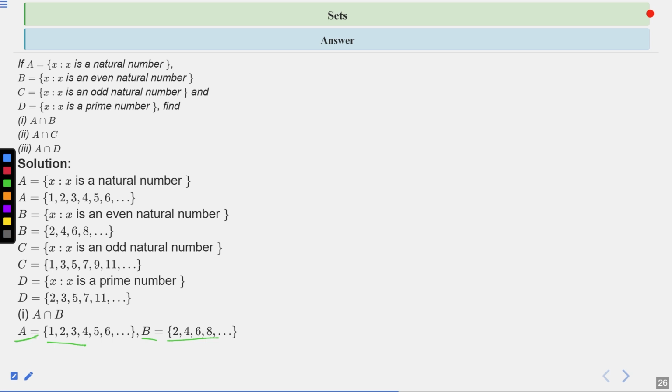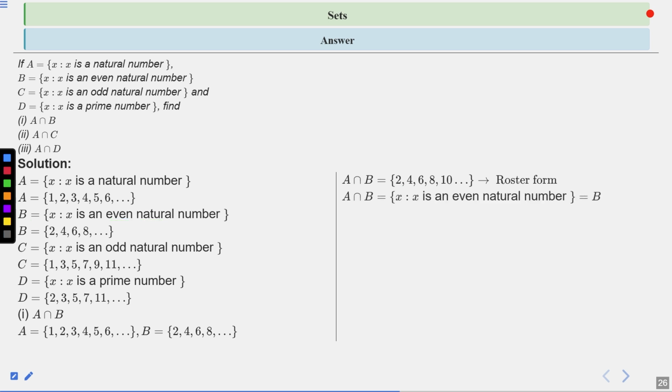Now A intersection B will be simply the set of all even natural numbers. Why? If you recall, when B is a subset of A, then A intersection B is simply the subset. Yes? So here the subset is set B, which is the set of even natural numbers. So A intersection B is simply the set B.